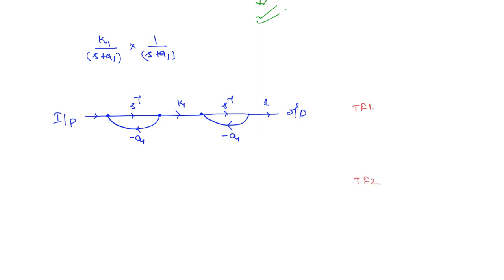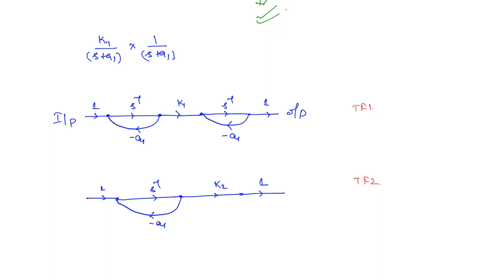So k2 by s plus a1: you can draw the integrator here, s to the power minus 1, and this will be k2. And the loop gain is going to be minus a1. Here the gain is 1, here also gain is 1, and here also the gain 1 you can take.